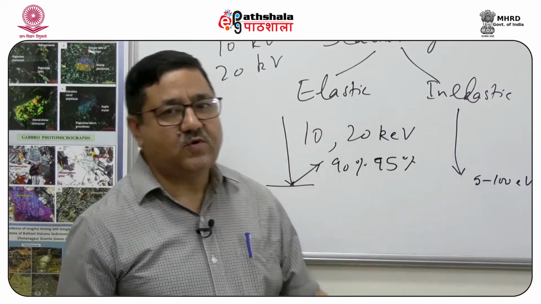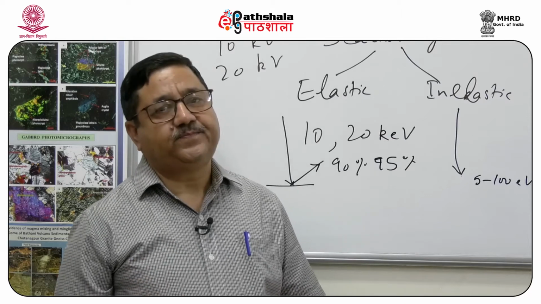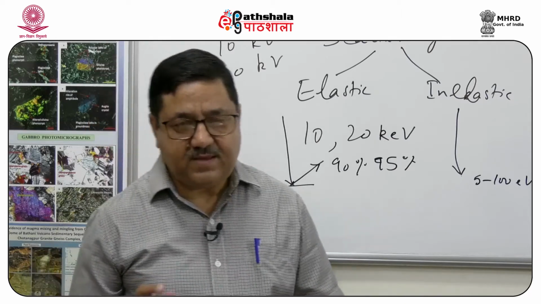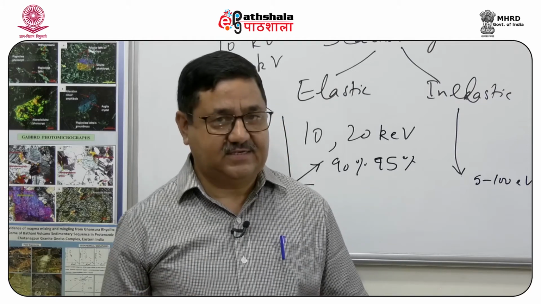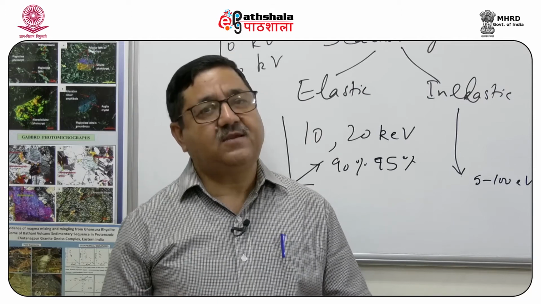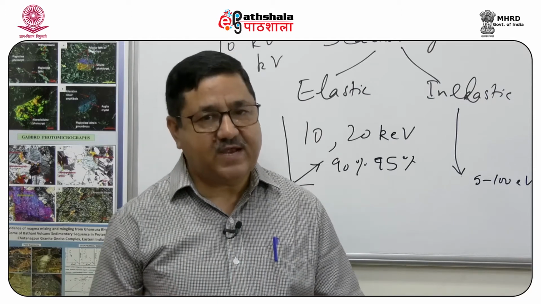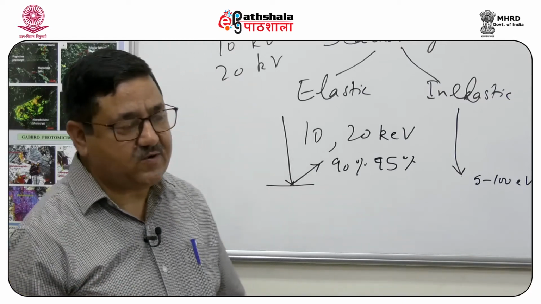So, these are the two main kinds of change which occur in an incident electron beam, but it produces multiple effects which are of tremendous use in microscopy. And since we are today discussing mainly microscopy, we will concentrate on that.